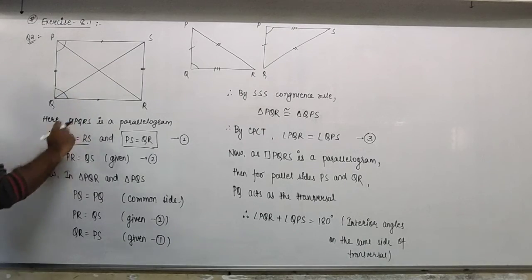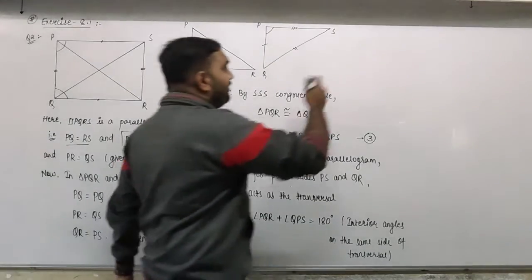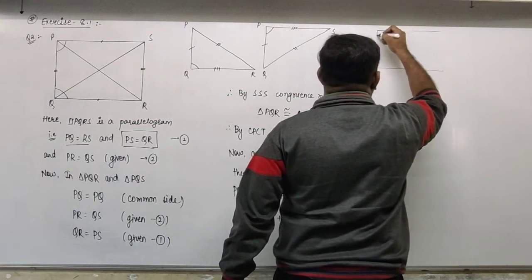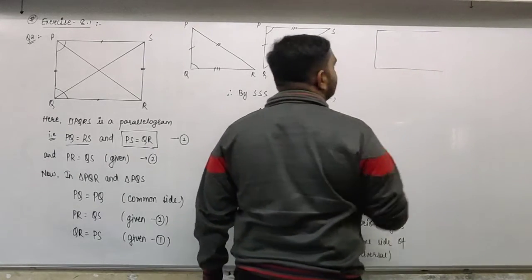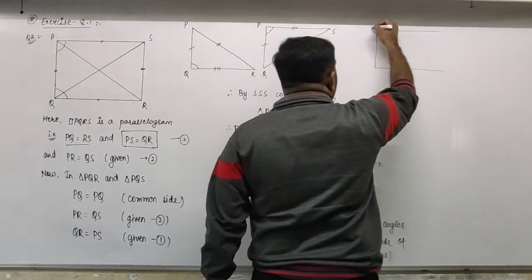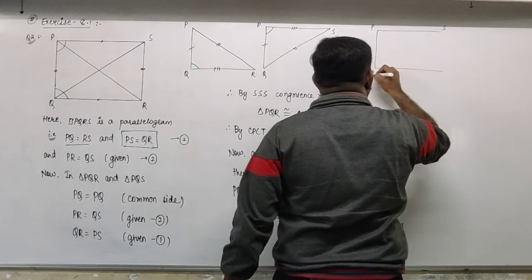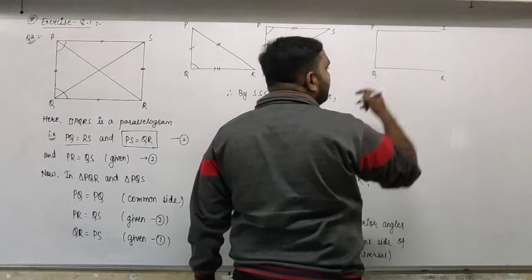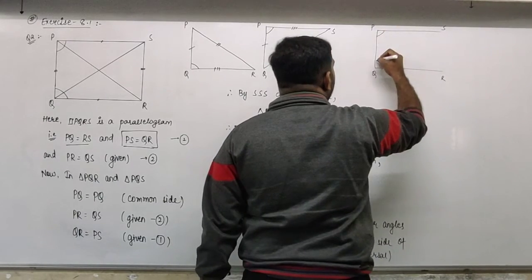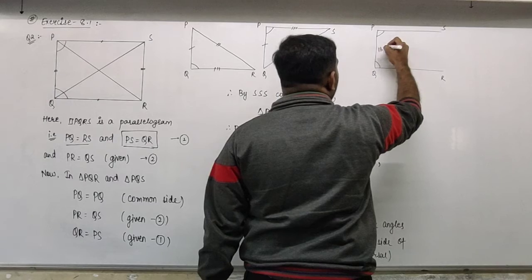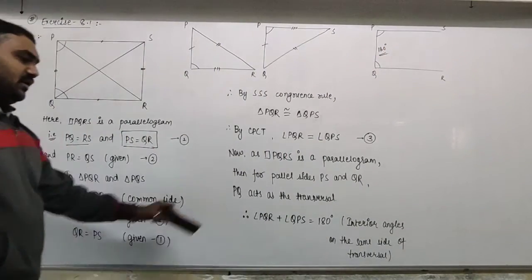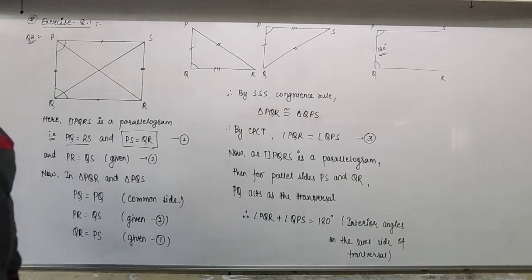Thus two lines PS and QR are parallel. Now the figure will come: interior angles on the same side of the transversal line, like this. So this is PS, QR. These are the two parallel lines. This PQ will act as the transversal. So what should be the total of this angle and this angle? It should be 180 degree, supplementary. So PQR plus QPS equals to 180 degree.